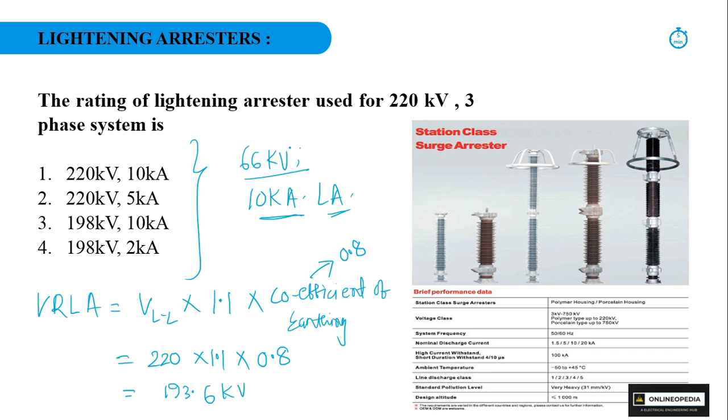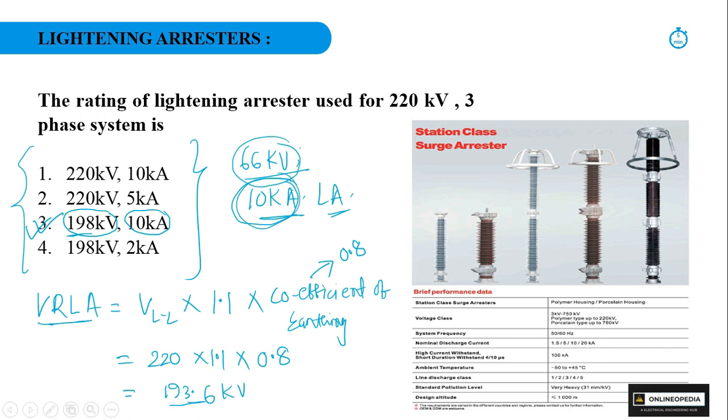As we know, above 66 kV we should use a 10 kiloampere rating, and our voltage rating is 193.6 kV, so we take 198 kV.